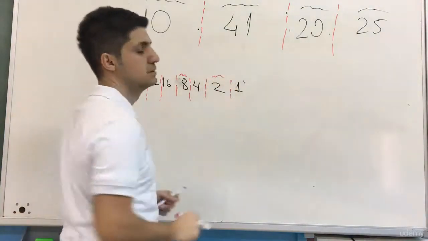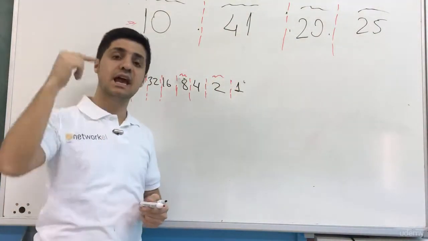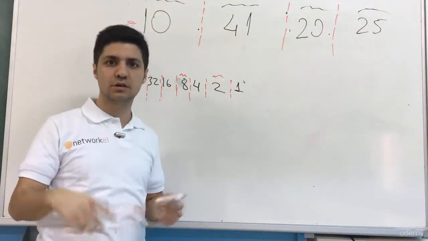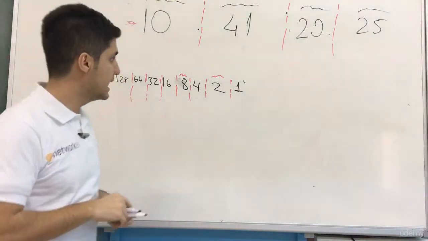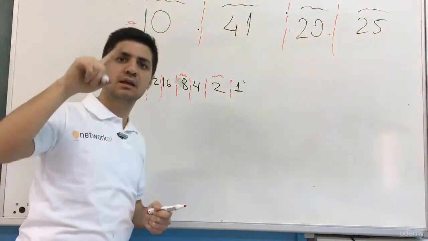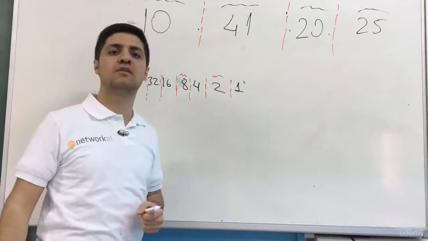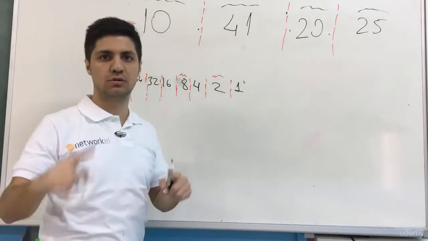8 and 2. If I add 8 to 2, that's going to be 10, all right? And I'm making 1 the fields that I used to add.